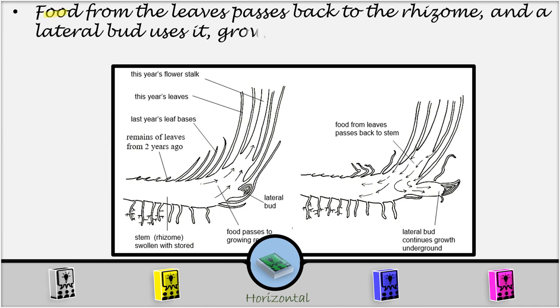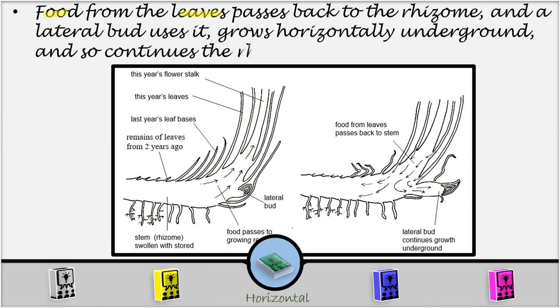The food from the leaves passes back to the rhizome, and the lateral buds use it to grow horizontally underground, and so continues the rhizome.